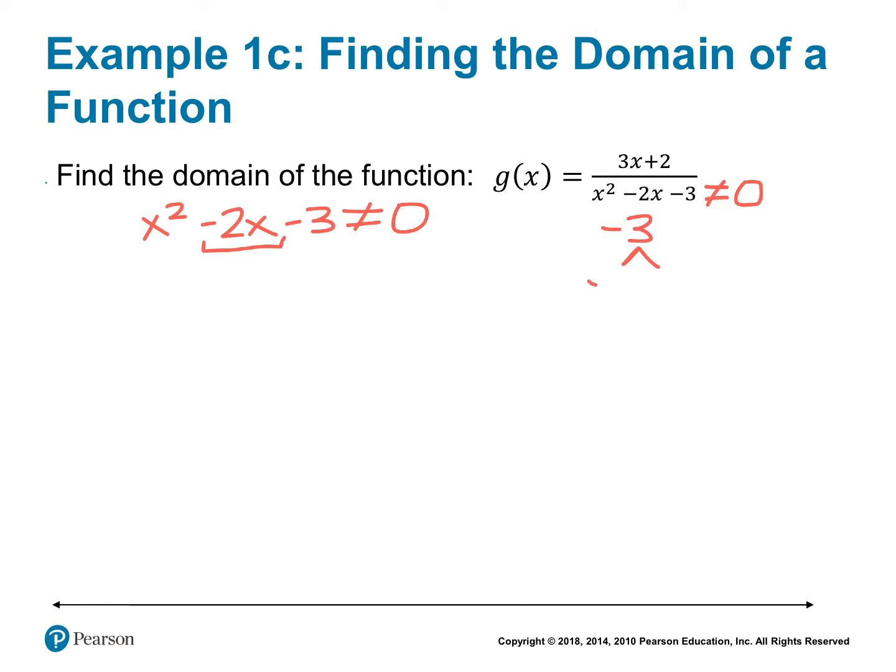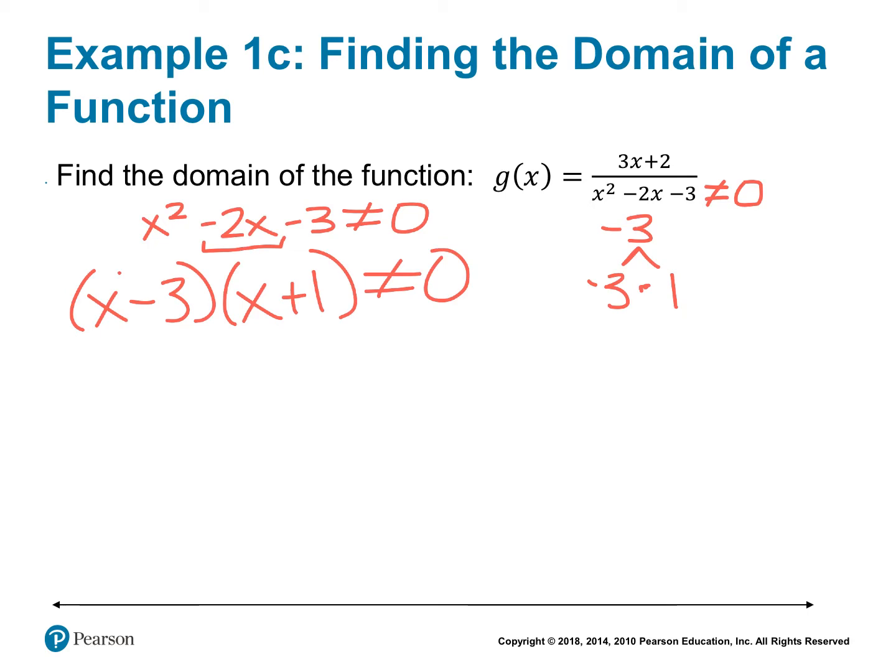If I do -3 times +1, that's going to give me -2 when I add it. So I'm going to have x minus 3, and then x plus 1. And if you did FOIL there, you would get the x squared.